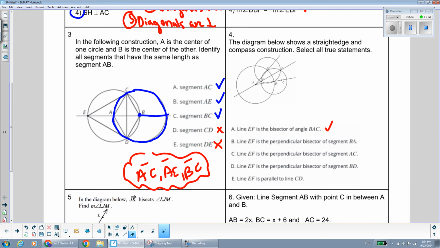B. Line EF is the perpendicular bisector of segment BA. Here's EF. Here's BA. Those are definitely not perpendicular to each other. And this is not splitting this in half. EF is the perpendicular bisector of AC. These are definitely not perpendicular to each other.